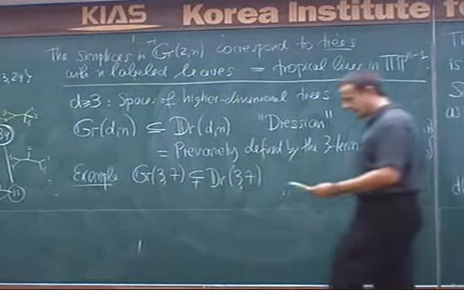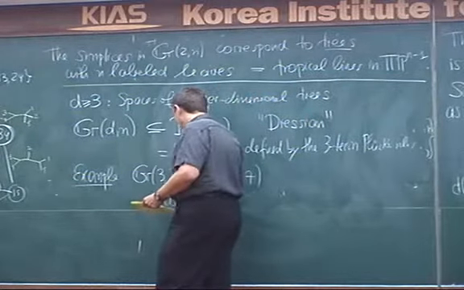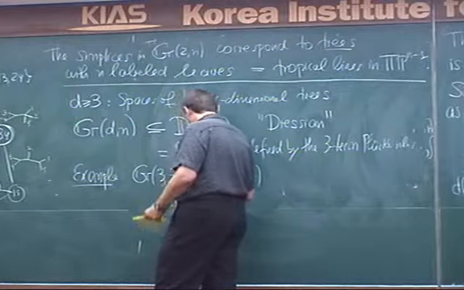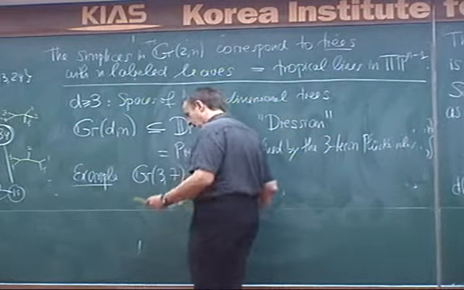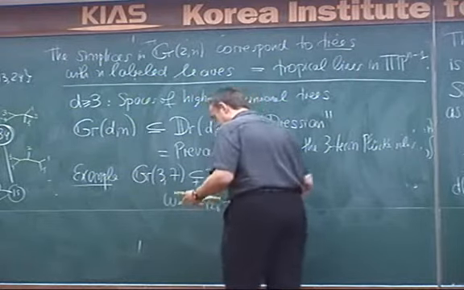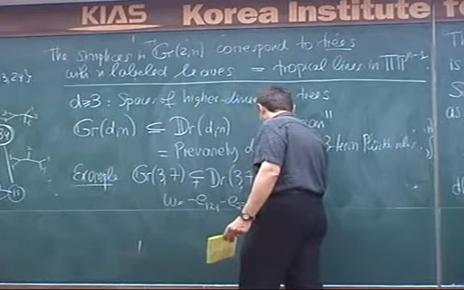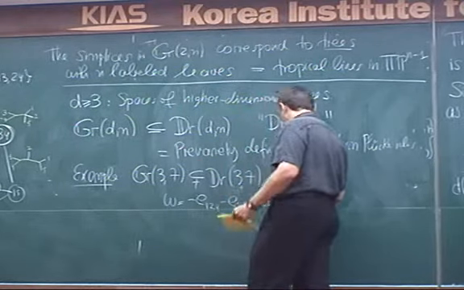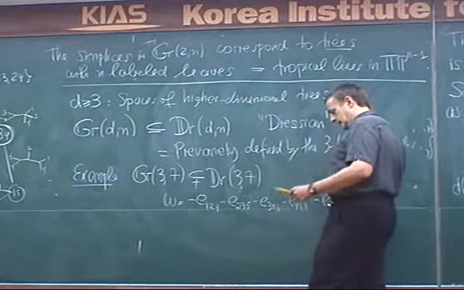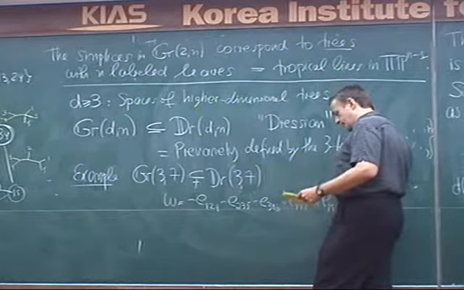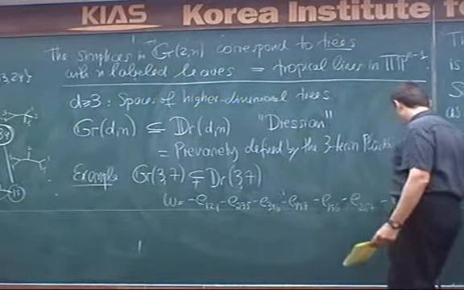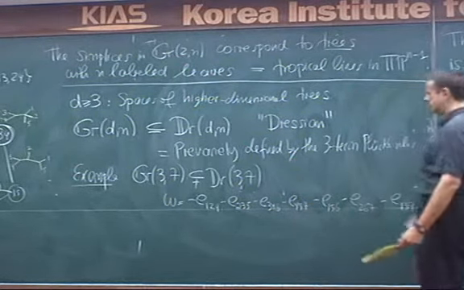Let's take W to be the following vector: minus e_{1,4,5}... minus e_{2,5,6}, minus e_{3,4,6}, and then I'm going to take the indices cyclic: 4,5,7, 5,6,1, 6,7,2, and finally 7,1,3.